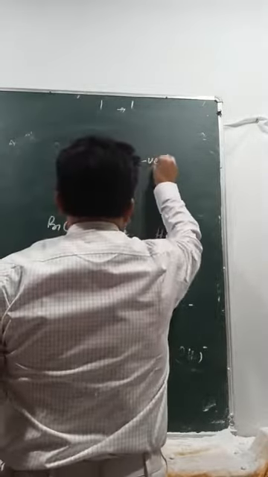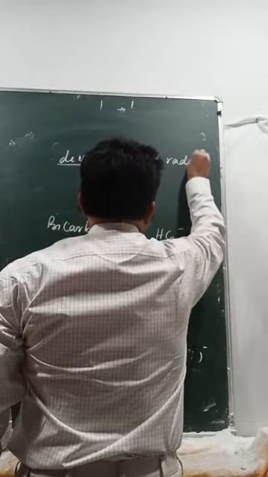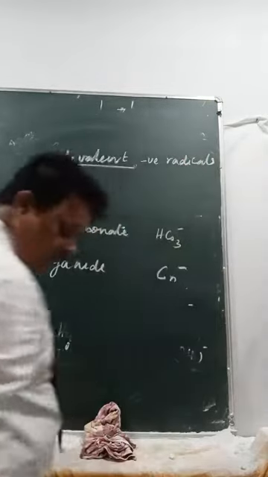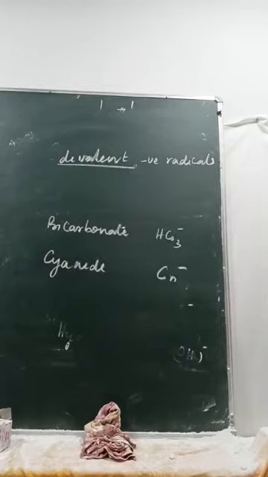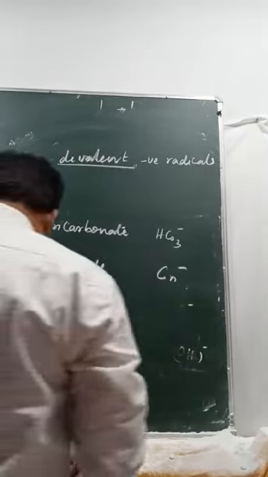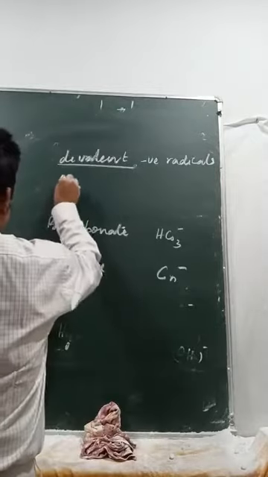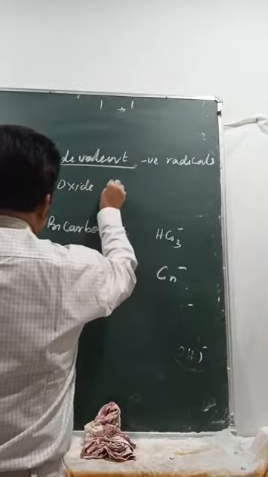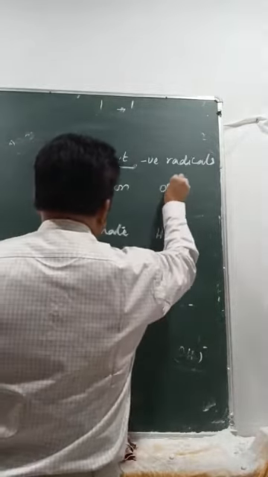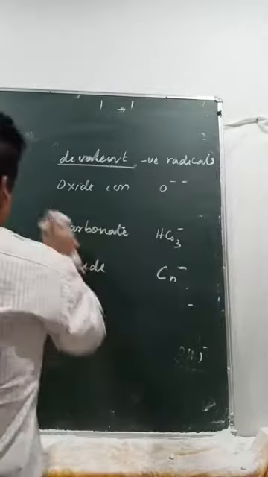Let's take some divalents again, negative radicals. Divalent, how to write? Suppose oxide. Oxide ion, O, it can receive two electrons.